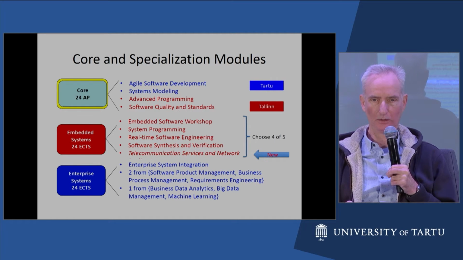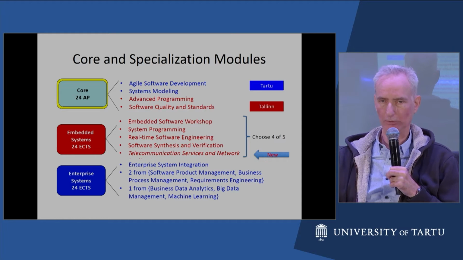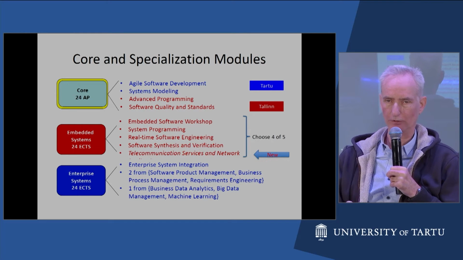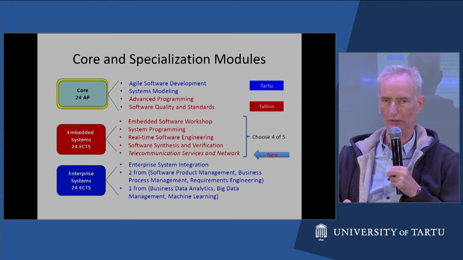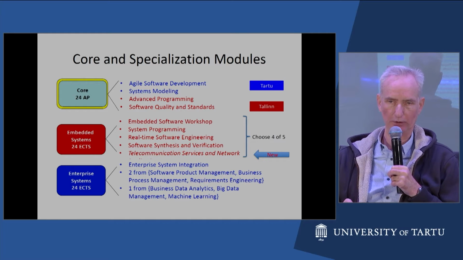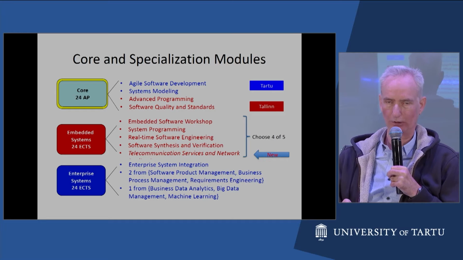And in the enterprise system specialization, or enterprise software specialization, we have 7 courses from which you pick, but you cannot randomly pick. So there's one course that is very basic and very fundamental. It's called enterprise system integration. That has to be taken by all students in this specialization.